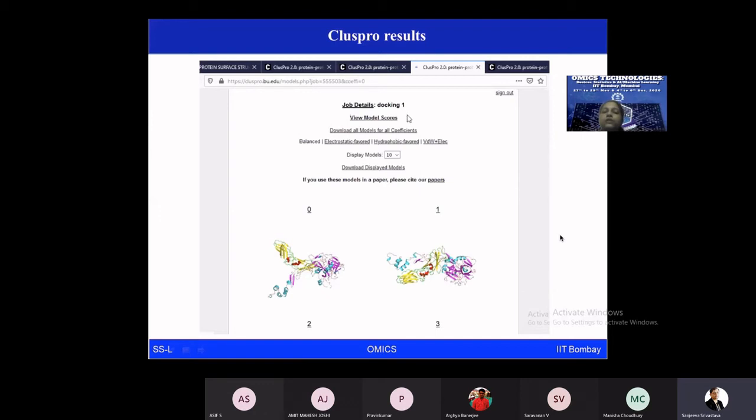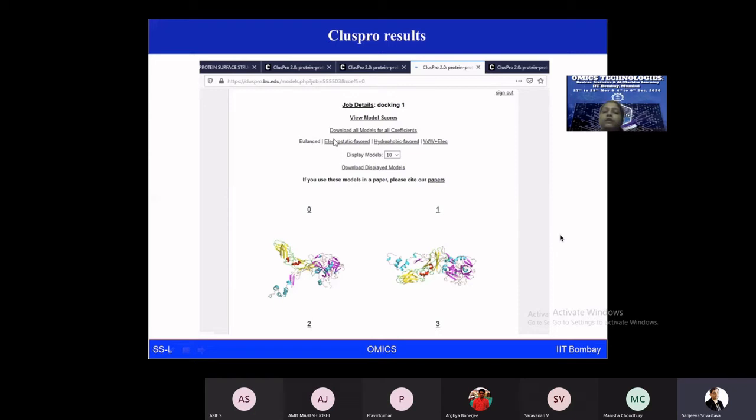Here the job details are given, and we can also visualize the model scores. If we have any information about the structure of the protein and how the complex would look, then we can choose to look for electrostatic favored, hydrophobic favored, or van der Waals and electrostatic interactions.